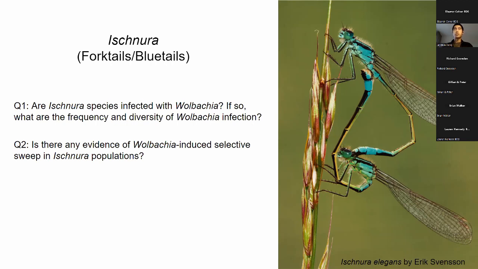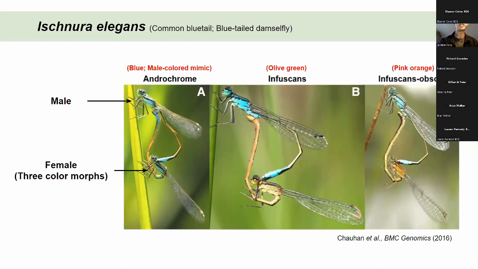And the species that we focus on is Ischnura elegans, which is a very common species. Something interesting about Ischnura elegans is that the female is polymorphic in color, and has three color morphs.